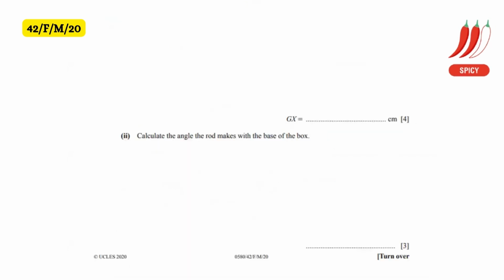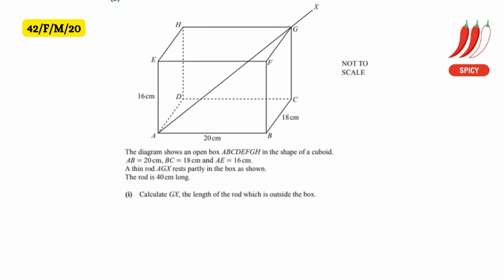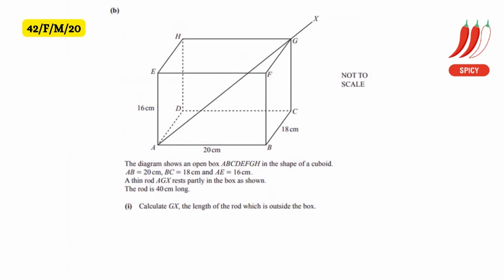Then it says calculate the angle the rod makes with the base of the box. So highlighting it again, this is the angle that the rod makes with the base of the box. So we said this was 16. This was 26.9.